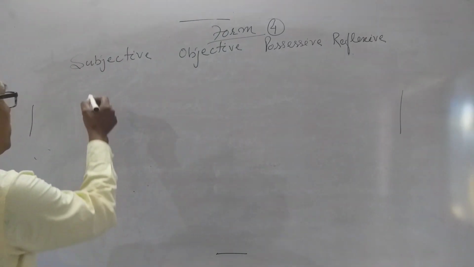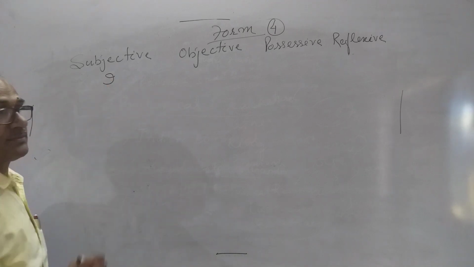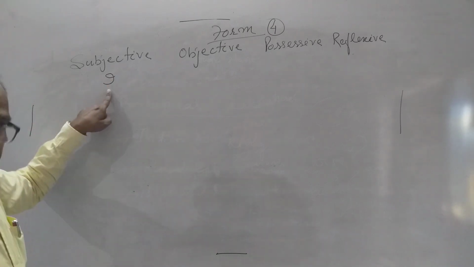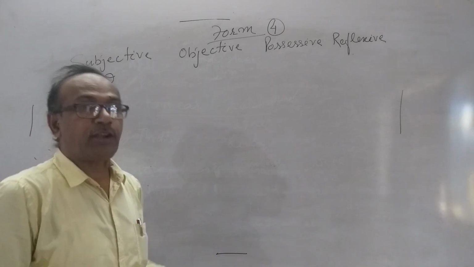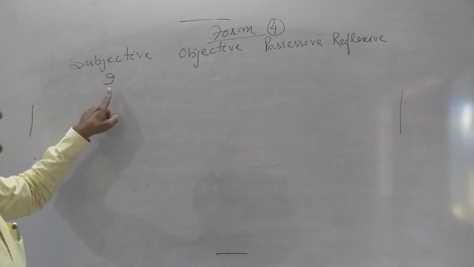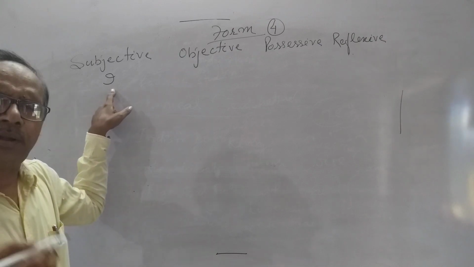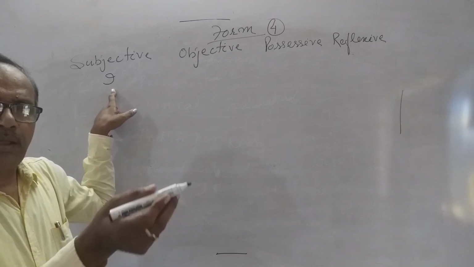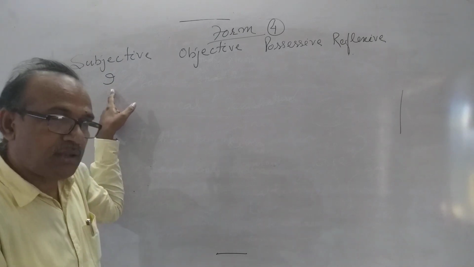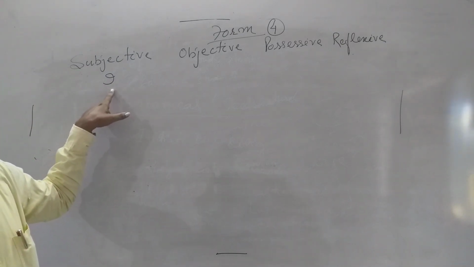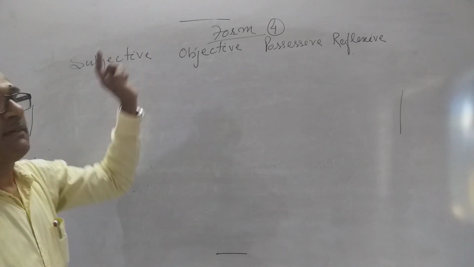So here first one is I. I is a pronoun that represents the person who speaks or introduces himself. I may be anybody. Maybe Ram, maybe king, maybe farmer, whoever it may be, when he speaks about himself, he uses I. So I is a pronoun.